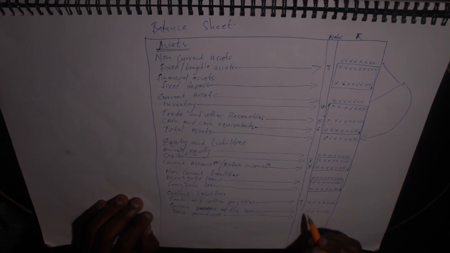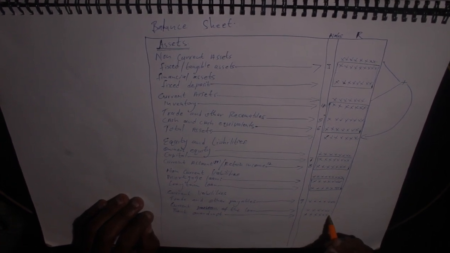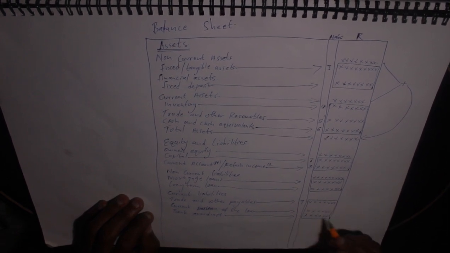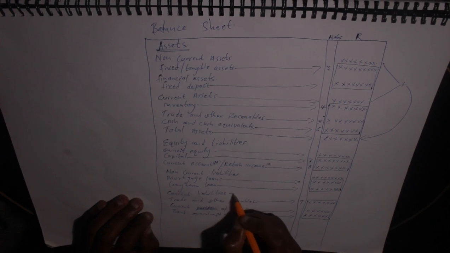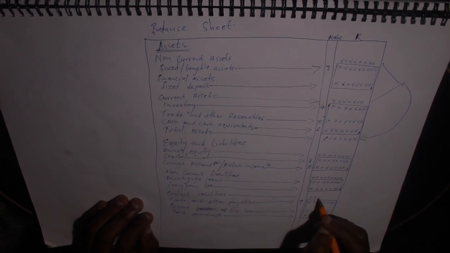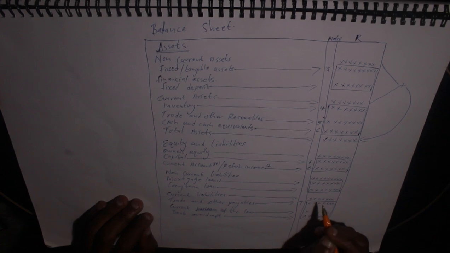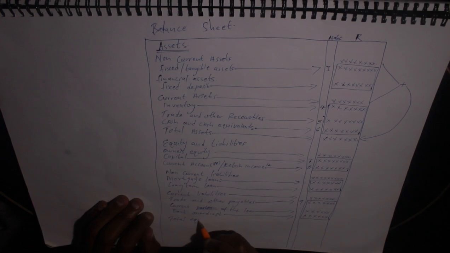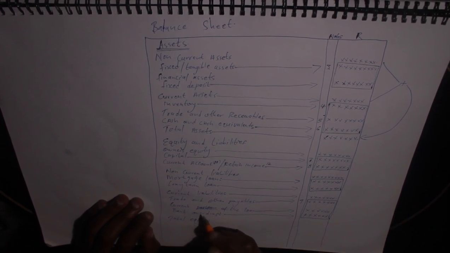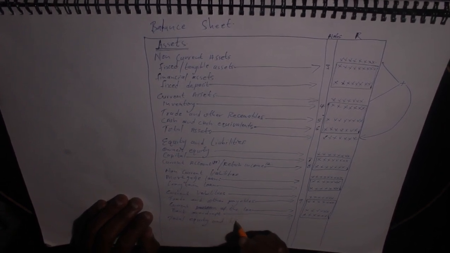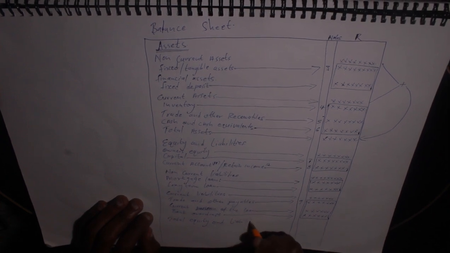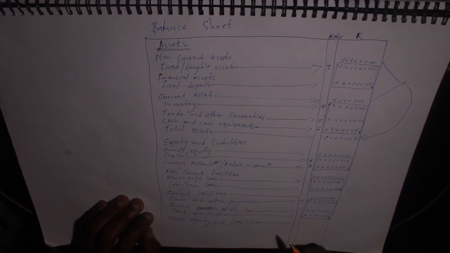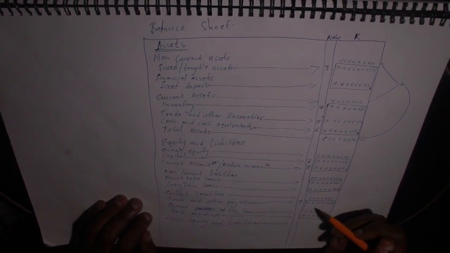And then what we're going to do, we are simply going to add our current liabilities. So we have total current liabilities figure. So we're going to add 1, 2, 3 at this point, which will give us the current liabilities. Now, at the end of the day, we need to see what we call total equity and liabilities. How to get your total equity and liabilities?